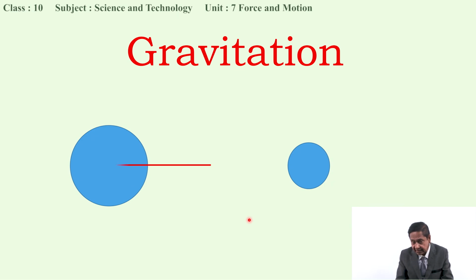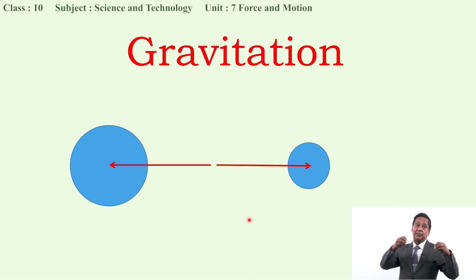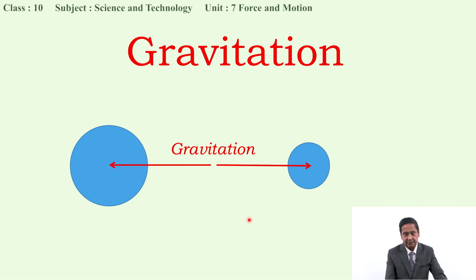First body attracts second body towards its center, and second body also attracts first body towards its center. Any bodies of this universe, whether very huge mass or dust-like particle, they attract each other towards their center, and this attraction force is named gravitation.